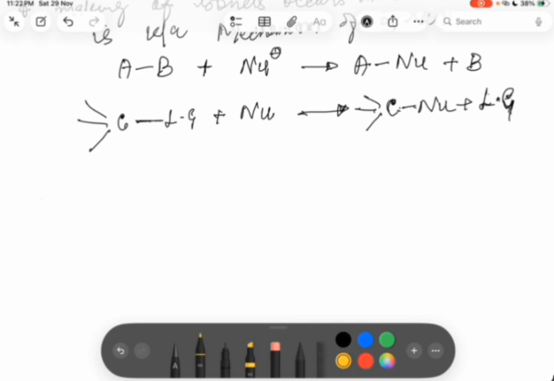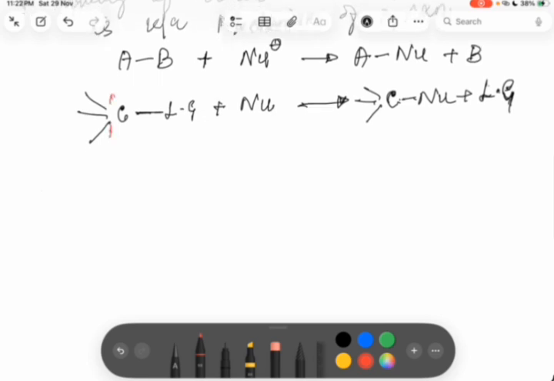Now, if we ponder over this reaction, what happens in this reaction? Simply, the bond between carbon and leaving group gets cleaved and the bond between carbon and nucleophile gets formed.